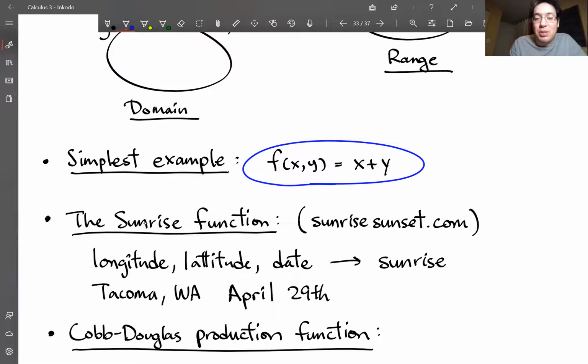Your sunrise time depends on your longitude and latitude, so your location on Earth, and also what time of the year it is, right? So let's look at what it is for us.